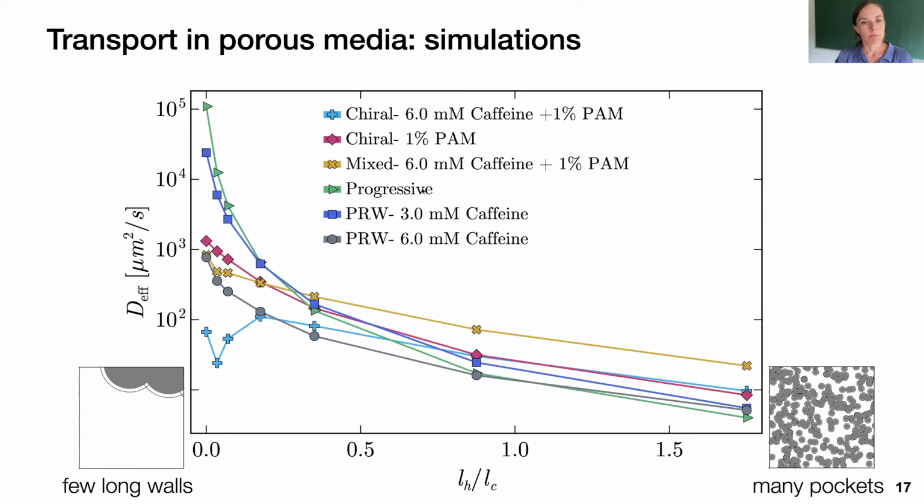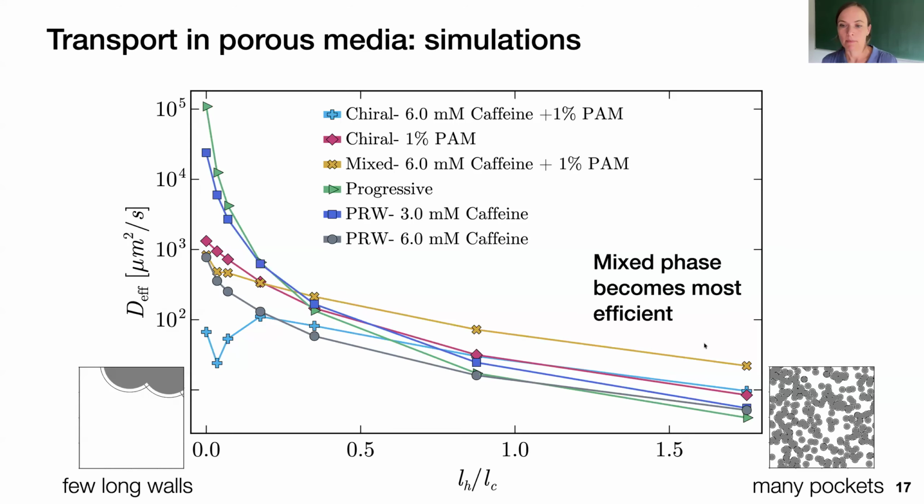And it turns out that the effective diffusivity, which measures the spreading of these active agents, decreases by orders of magnitude if they only move straight, while the effective diffusivity, for example, for the mixed phase doesn't vary all that much. And most importantly, it actually becomes the most efficient one at very small chord length. And the question you may have is why?